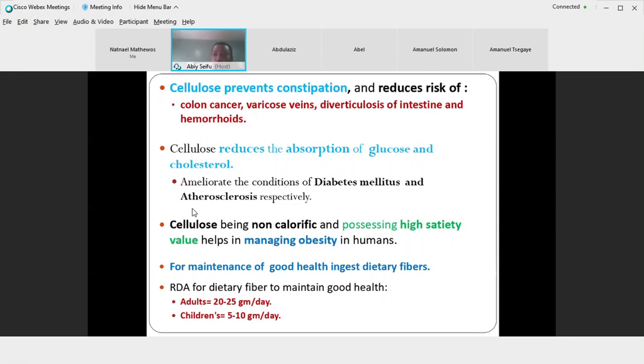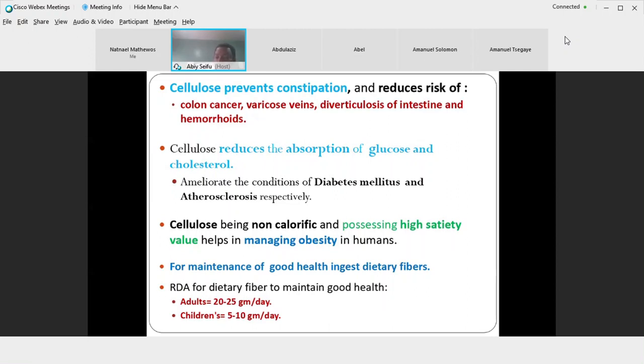Now, in that way, blood cholesterol levels become what? Decrease. And taking enough amount or good amount of dietary fibers reduce our blood cholesterol level. That decrease the chance of getting atherosclerosis or heart disease. And cellulose, or dietary fibers, has high satiety value. You may feel you are taking high amount or enough amount of food.